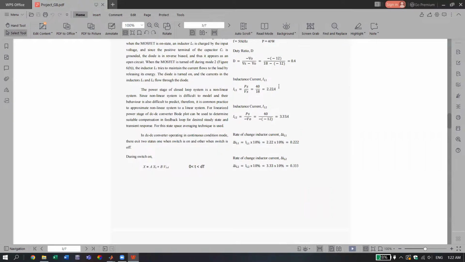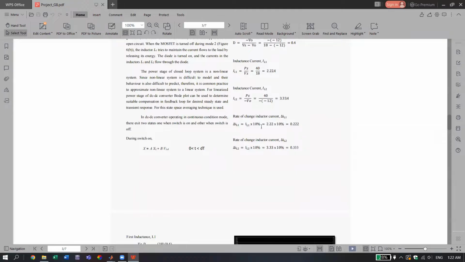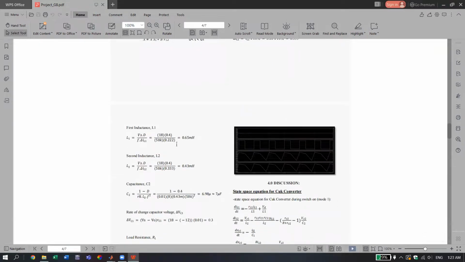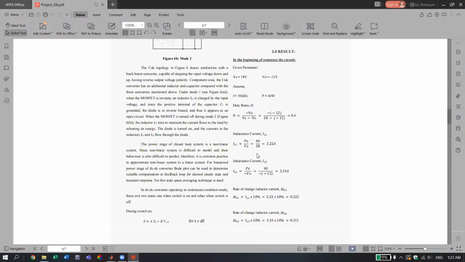For the inductor current, we will use this formula, and we get the same formula for inductor 1 and inductor 2. We need to find the rate of change in the inductor, to find the value of the first inductor.